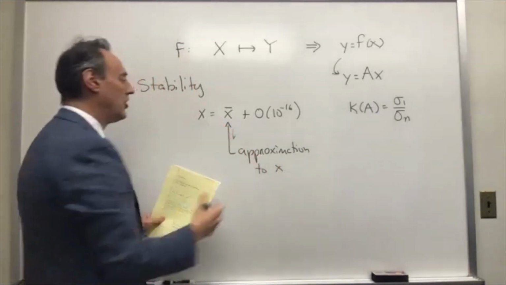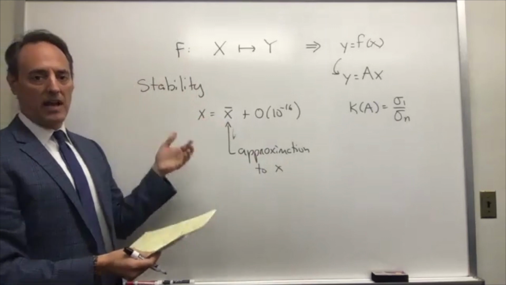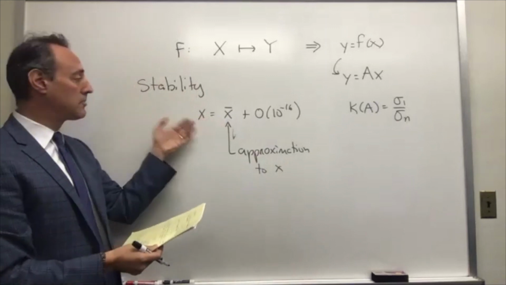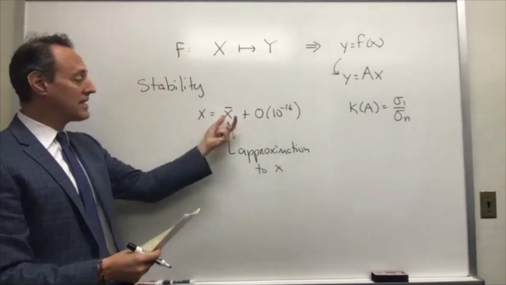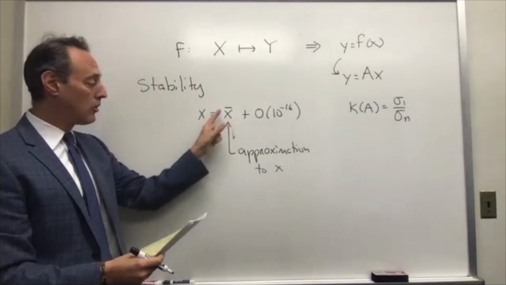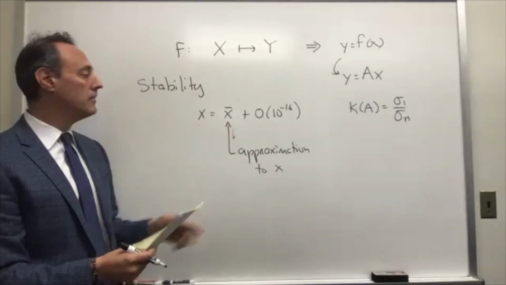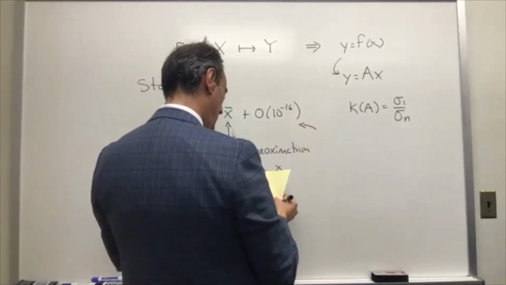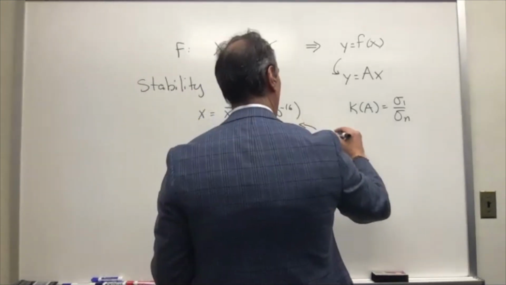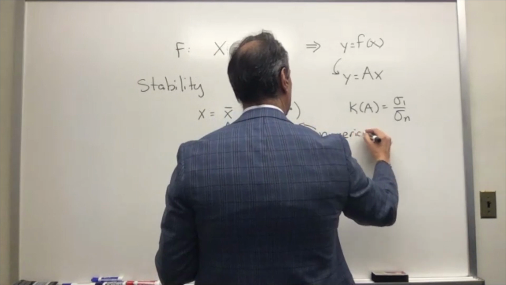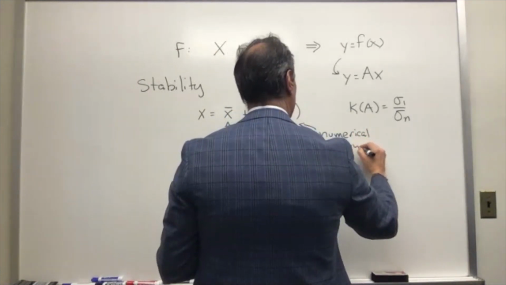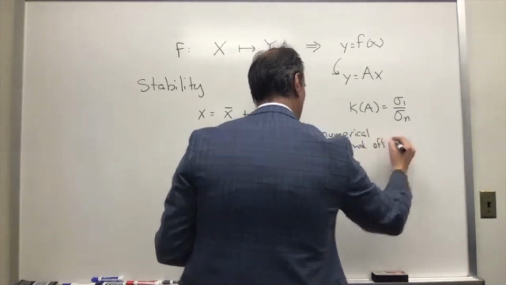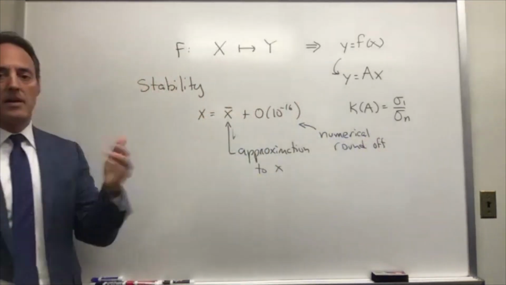You may have a concept of some continuous value of x, but once you compute it, it's actually taking on some numerical approximation to the value you want. And this here is the numerical round off in representing that number.